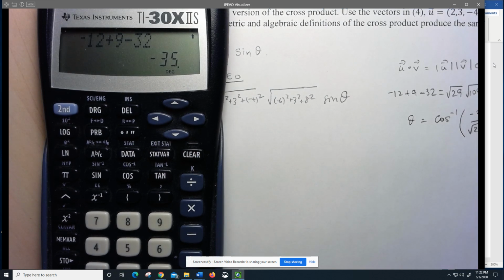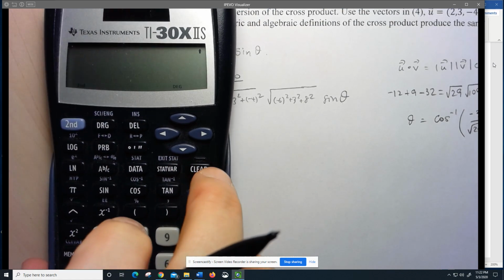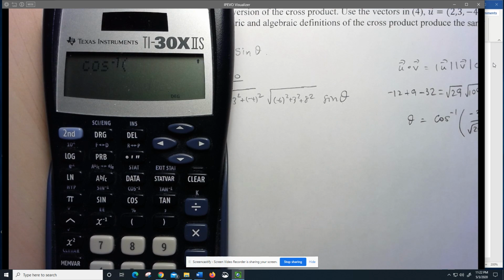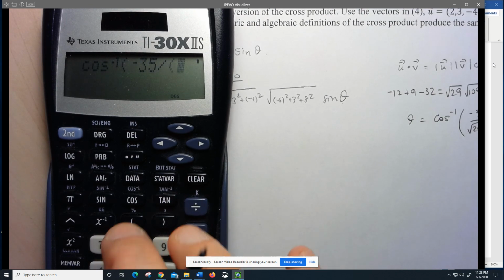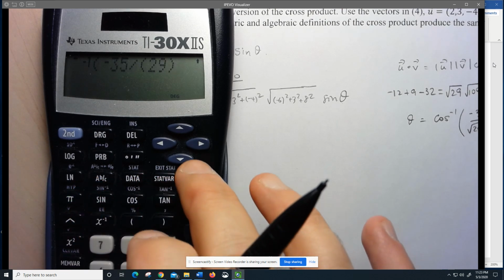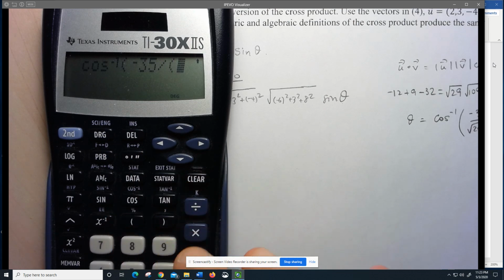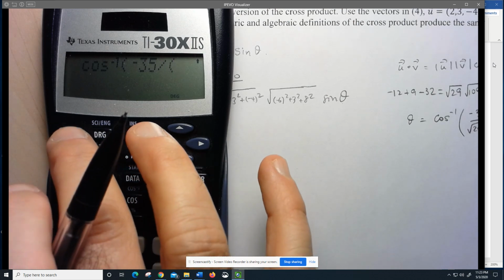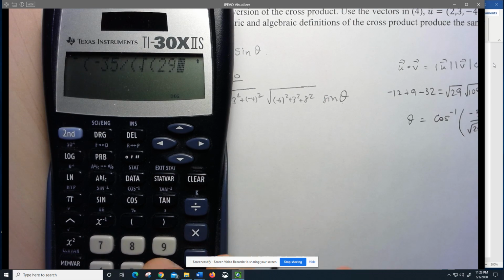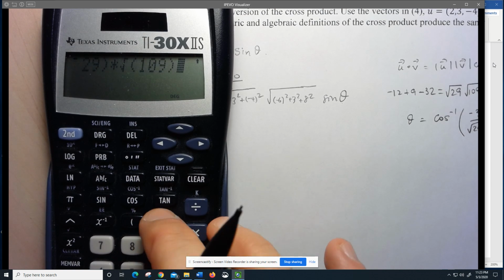So what do we have here? We've got inverse cosine of negative 35 divided by the square root of 29 times, oops, I forgot the square root, the square root of 29 times the square root of 109.